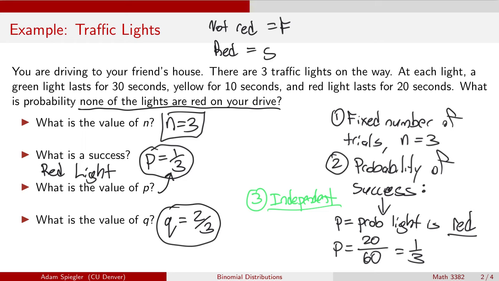So in this case, we would use a binomial distribution. We have three trials. The probability of success is the same in all three of those trials. And each outcome in a trial is independent of what happens in any other outcome. So here is an example where the random variable counting up how many red lights we hit on this drive would follow a binomial distribution.